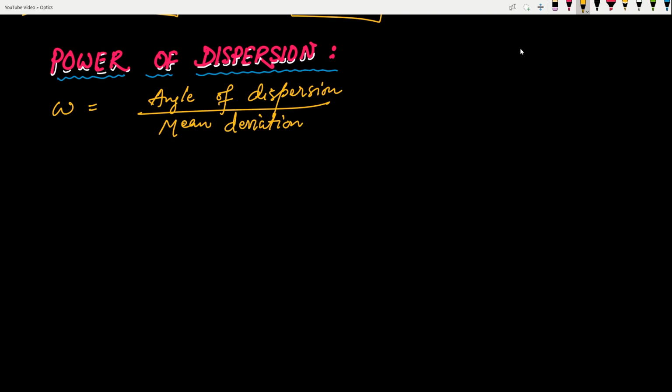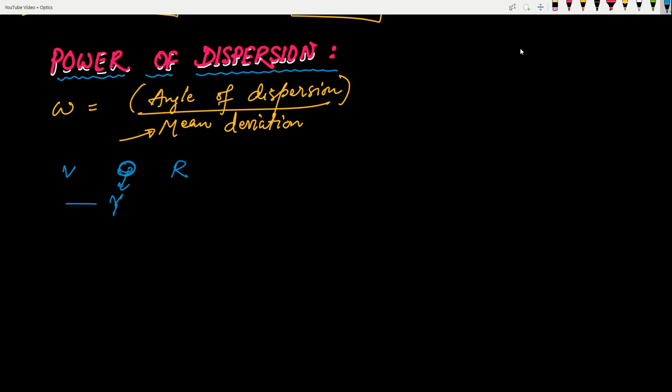Now we have already learned what is angle of dispersion. The thing that we need to learn is what is mean deviation. Mean deviation is the average deviation. If you look into the spectrum of light, that is VIBGYOR, it starts with violet and ends with red, so the mean is somewhere in the middle. The middle color is actually yellow.